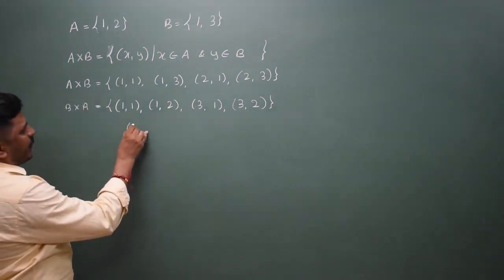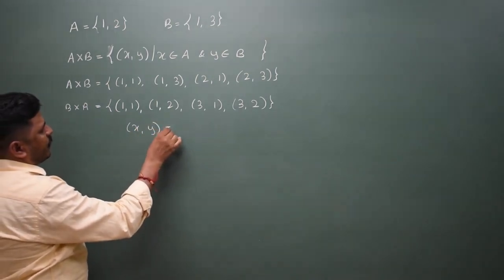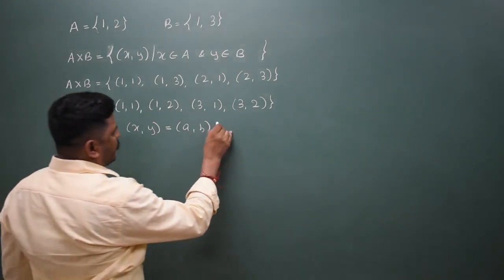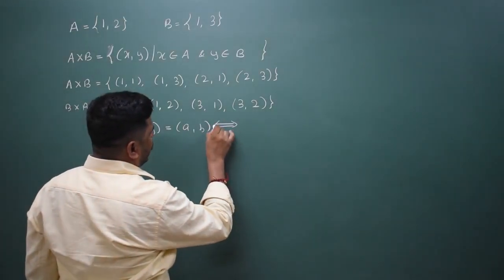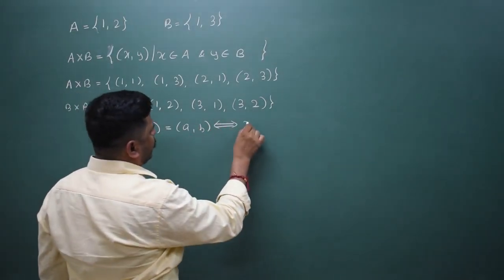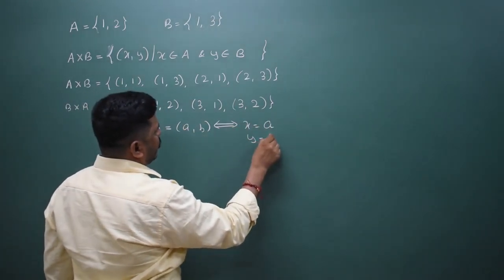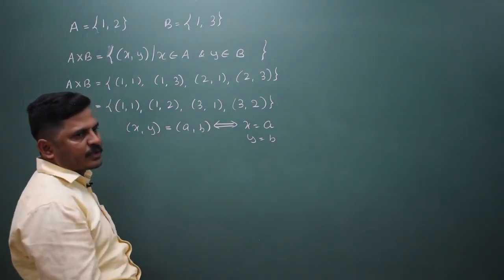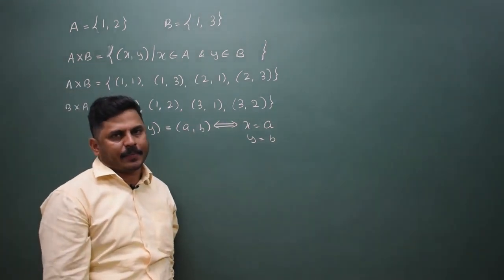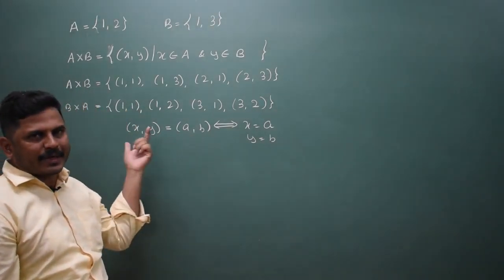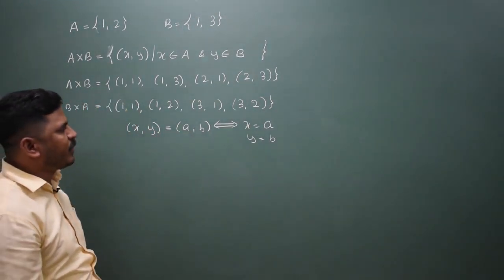The ordered pairs (x, y) is said to be equal to (a, b) if and only if first element must be equal to first, second element must be equal to second, x equal to a and y equal to b. This is how we can call two ordered pairs equal.